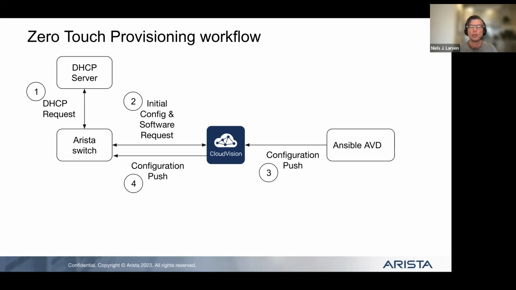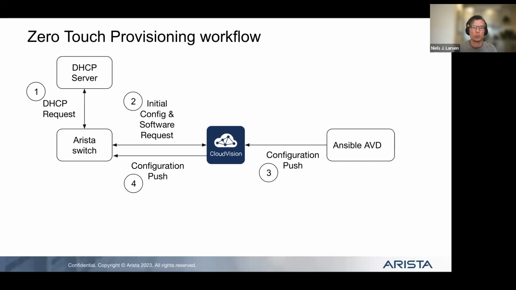And then thirdly, a manual operator will instruct Ansible AVD to push configuration, so the final configuration that will be the running configuration on the switches. This will be pushed into CloudVision, and we will use the integrated change management workflow in CloudVision to review and approve, and then finally execute the change.